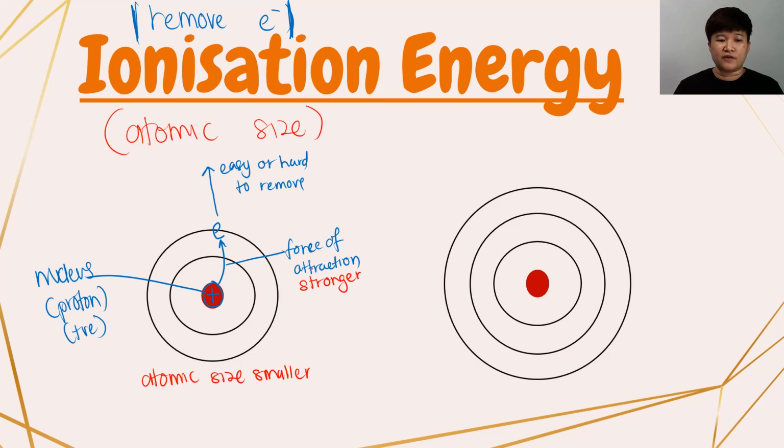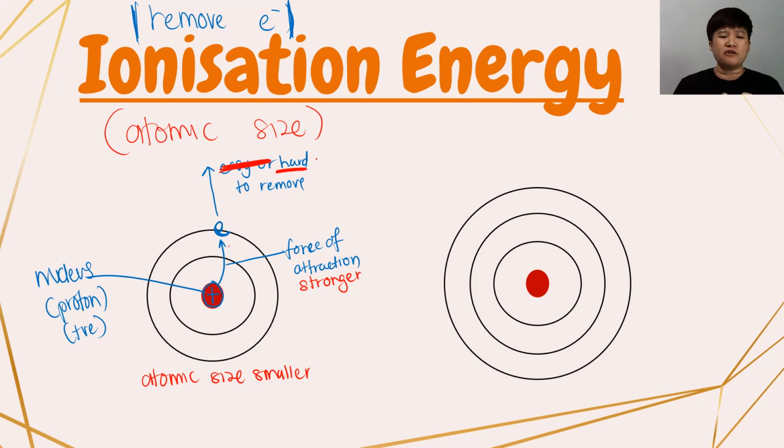When it is stronger, this electron is strongly held by the nucleus. Do you think the electron is easy or hard to remove? Of course, it's very hard to remove.